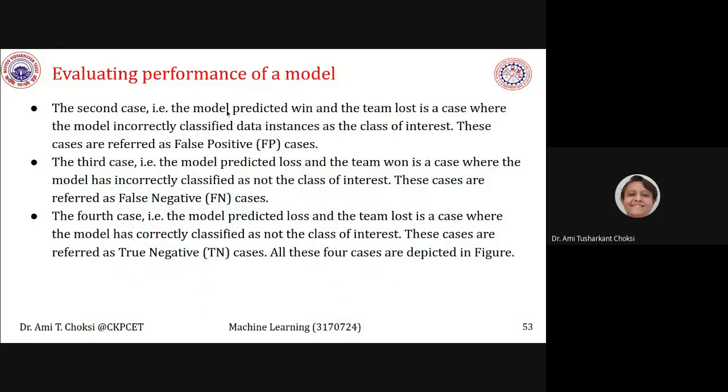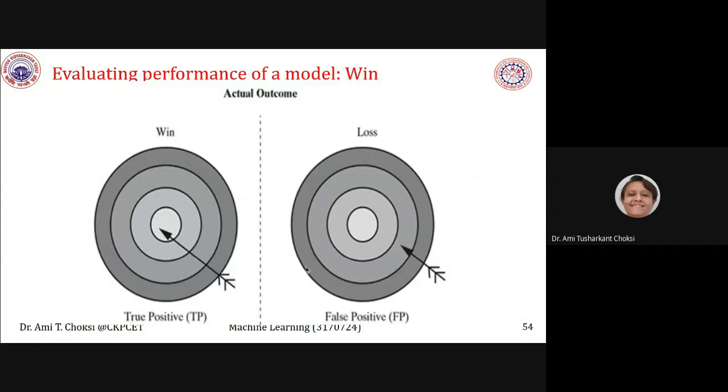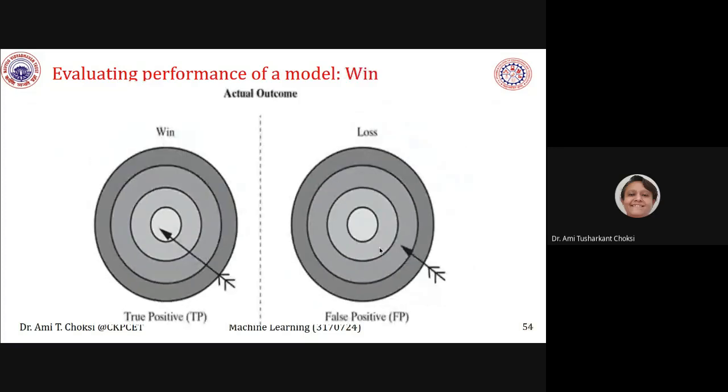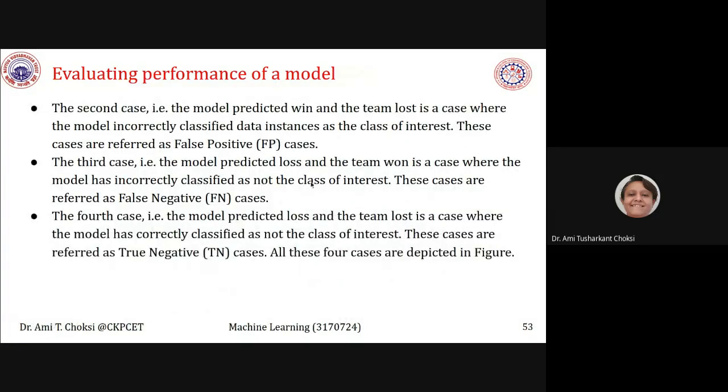Here what we say is the model predicted win and the team lost, right? Here not only inside this circle, but it should not be this, okay? What is the case? The team lost, but predicted win, right?